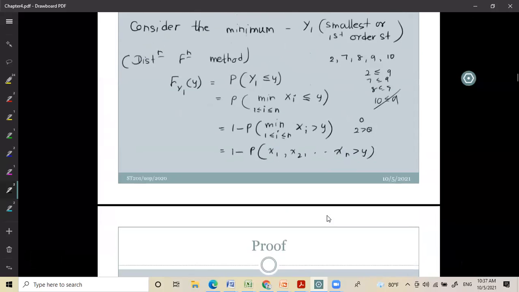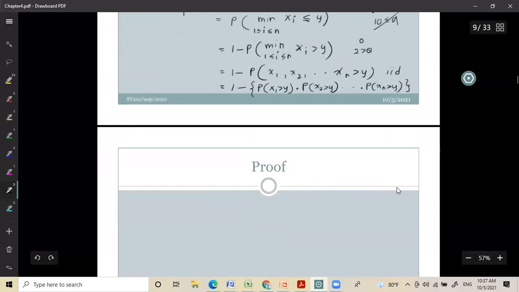And with the IID, the independent distributions, you can write this as P(X1 greater than y) times P(X2 greater than y), all the way up to P(Xn greater than y). We have 1 minus at the outside. And what is this P(X1 greater than y)?